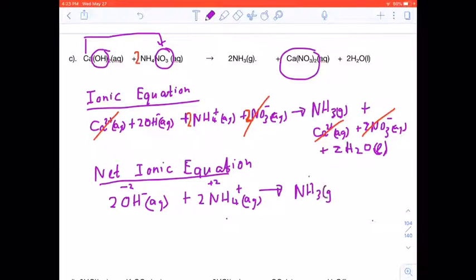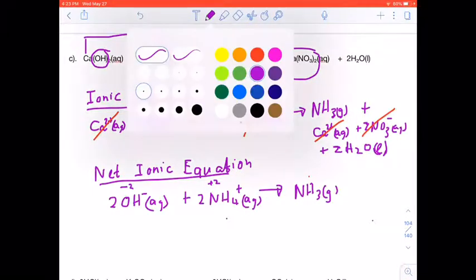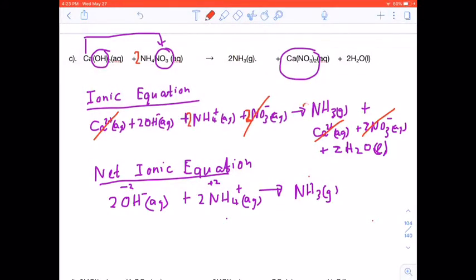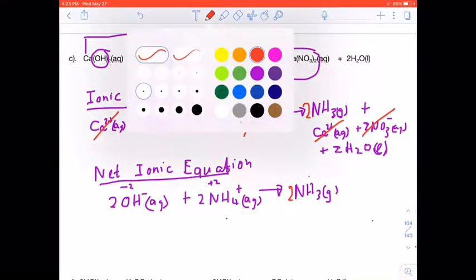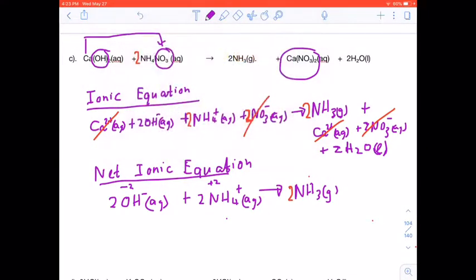And that would then give us NH3 gas, right? 2 NH3 gas. Okay, sorry, we left that out as well here, which means that was to be balanced, so that would be 2 NH3, and that is then equal plus 2 H2O liquid, right?